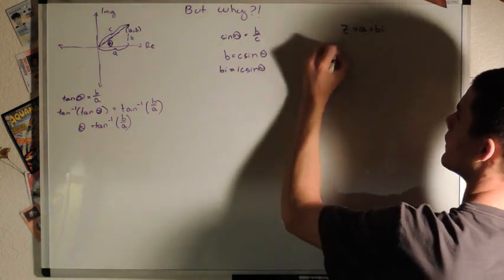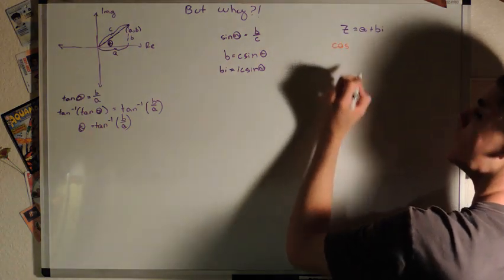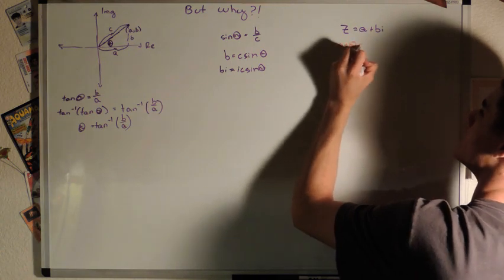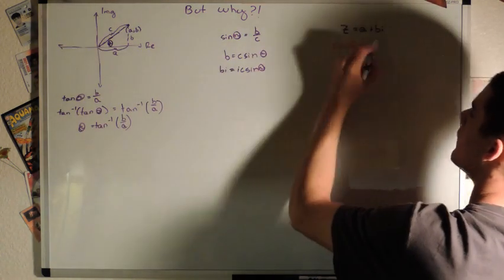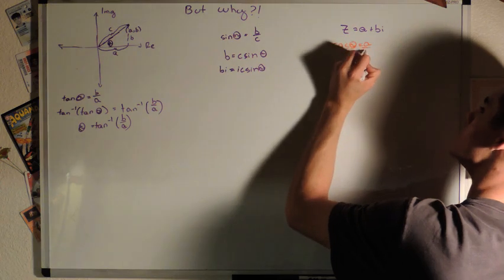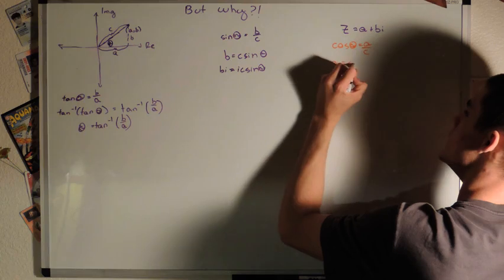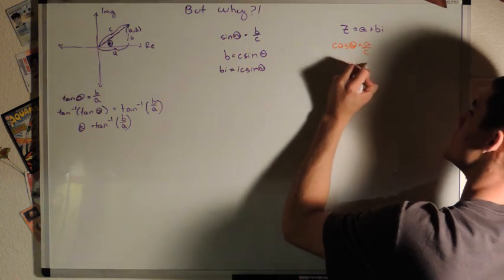The cosine of theta is going to equal a over c, so a is going to equal c times the cosine theta.